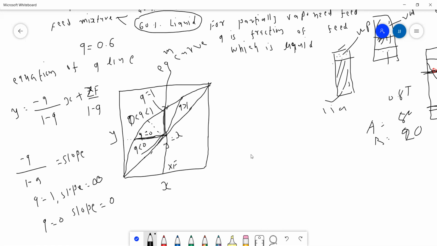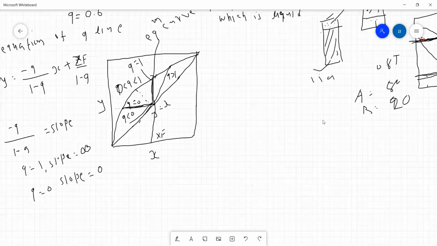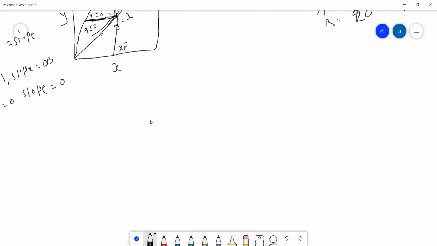Now let's come to the point. We are talking about the determination of RM.